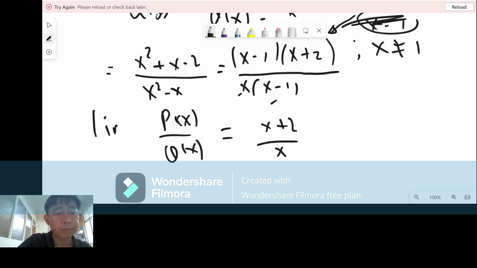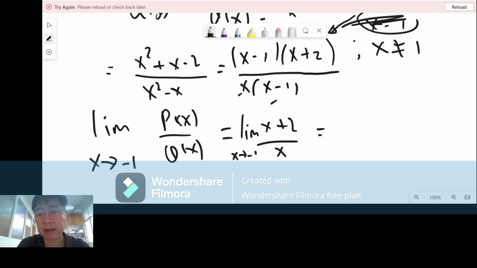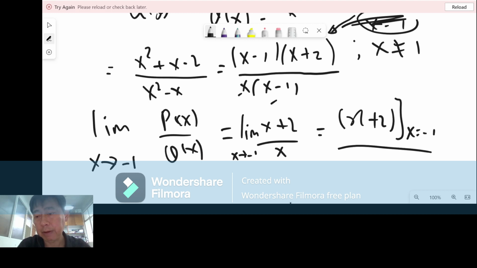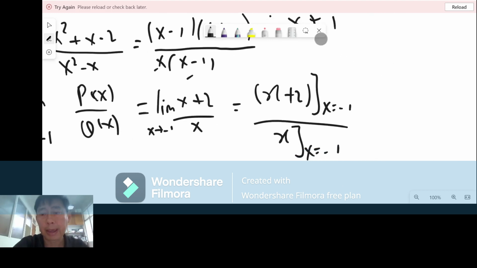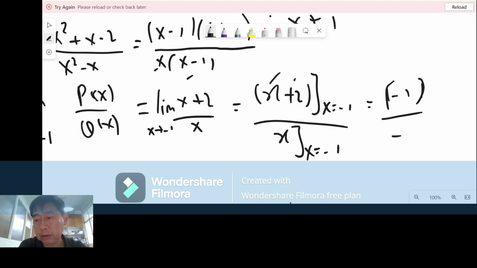Then the limit of this function at x equals minus 1 is easily calculated to be the value of x plus 2 evaluated at x equals minus 1 divided by the value of x evaluated at x equals minus 1. And this is nothing but minus 1 plus 2, which is 1. Downstairs is just minus 1, and it ends up to be minus 1.